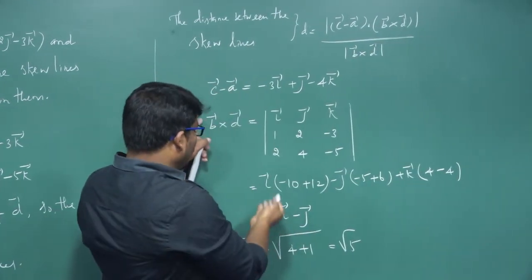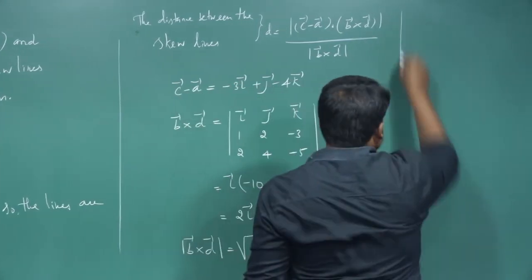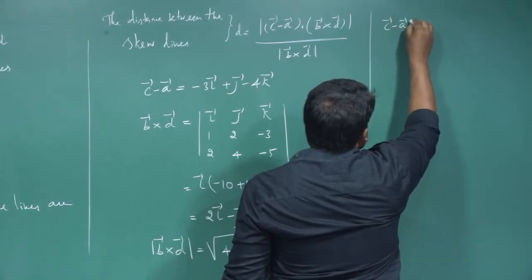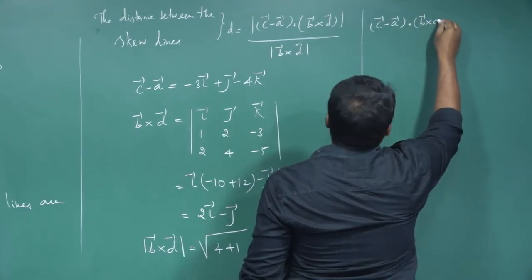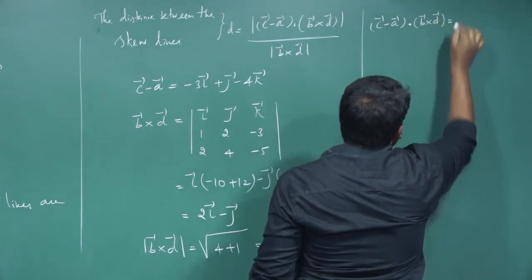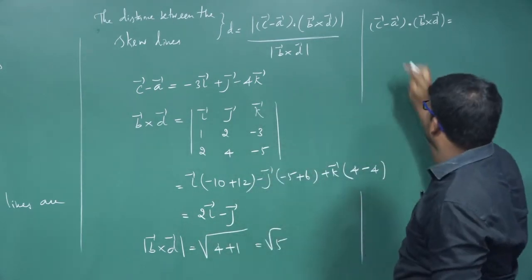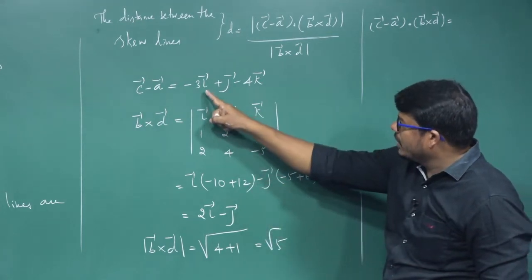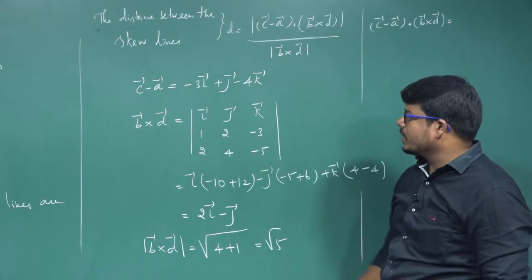That is a dot product of two vectors: C vector minus A vector dot B vector cross D vector. This one is C minus A, and this one is B cross D. Now take the dot product of the two vectors.